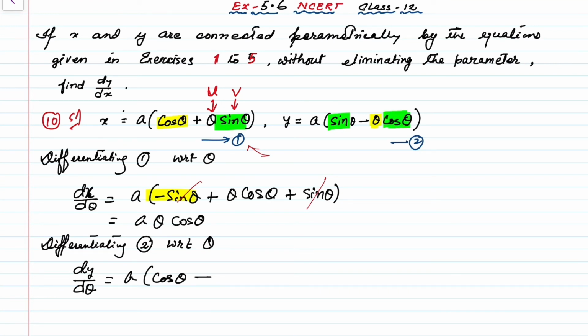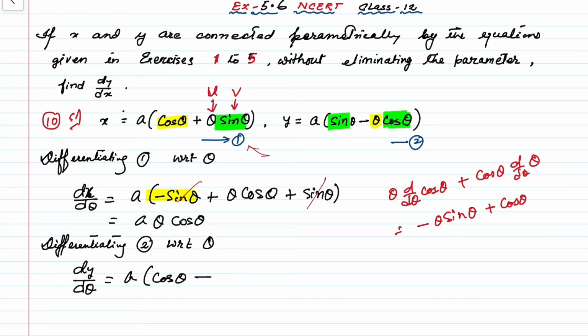So you will get theta times the derivative of cos theta plus cos theta times the derivative of theta, which is minus theta sin theta, and here plus cos theta into 1, meaning cos theta.